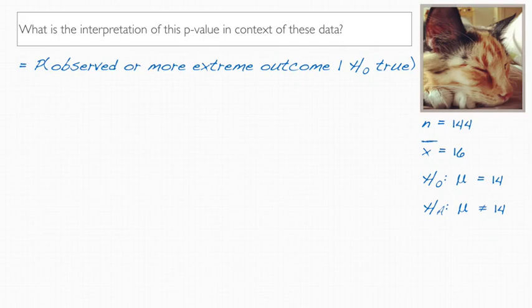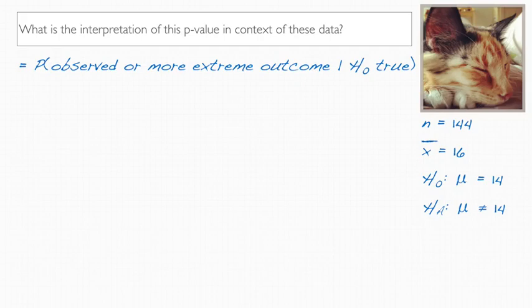That's 2 hours difference. So we would do 14 minus 2. 12 hours or lower is also of interest to us. Lastly, the null hypothesis being true simply means that mu is equal to 14, or in other words, that truthfully, cats do sleep 14 hours on average.